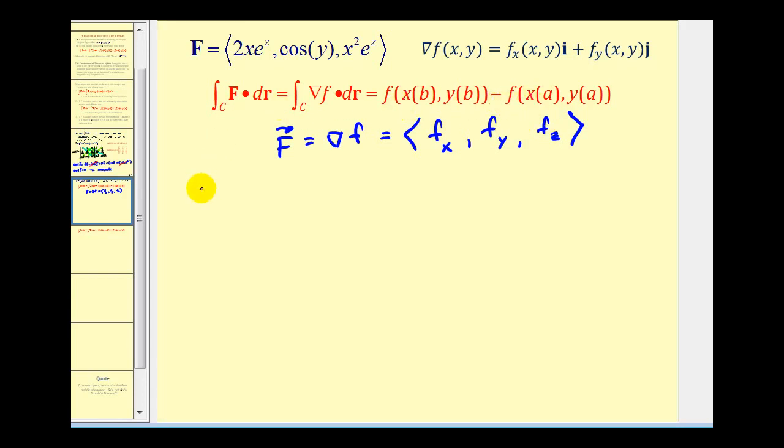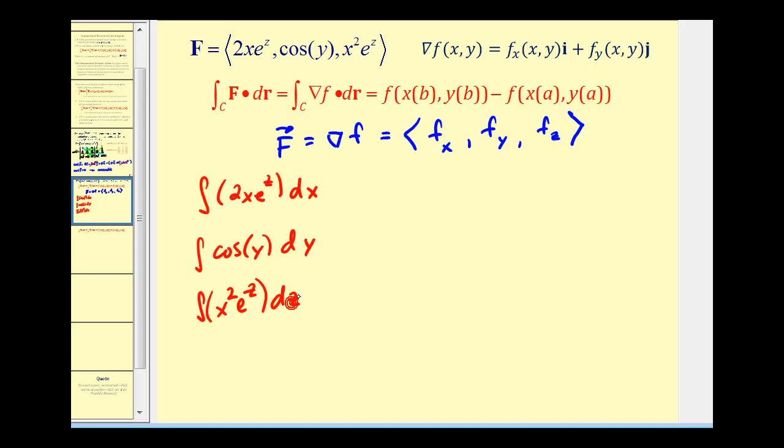So I'll have to integrate the x component of vector F with respect to x. We'll have to integrate the y component with respect to y, and then integrate the z component with respect to z, and compare the results to determine the potential function.